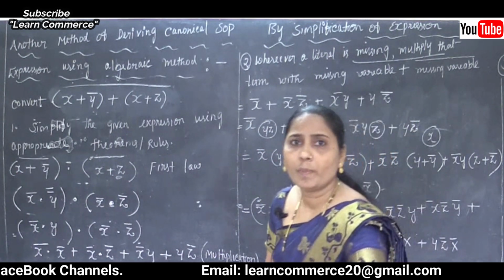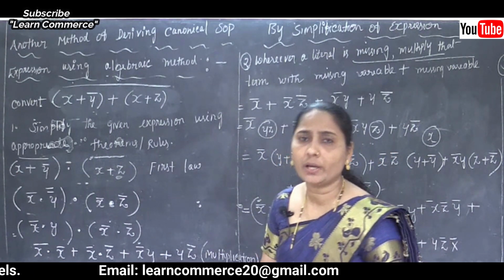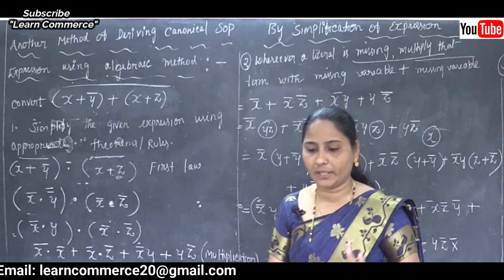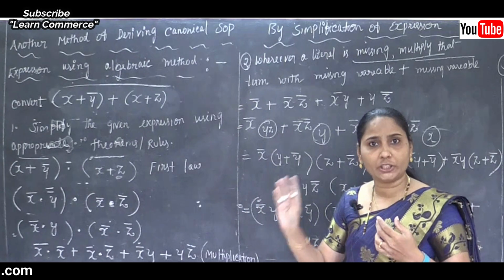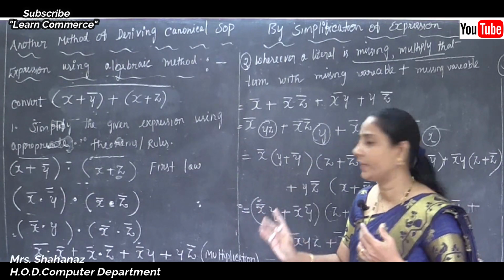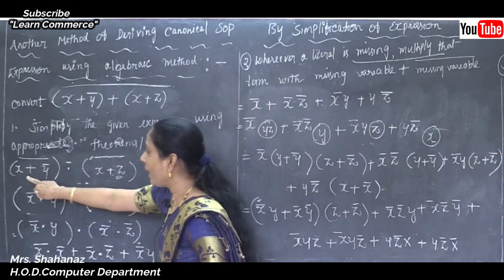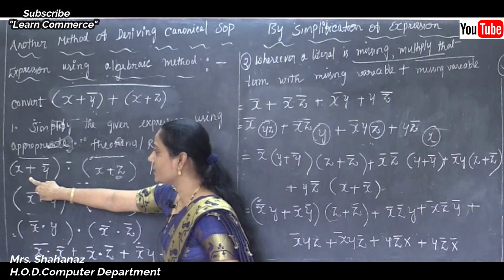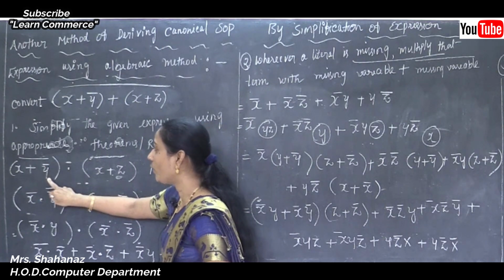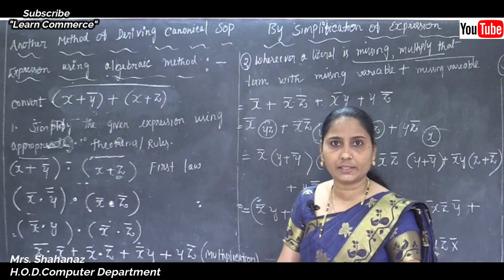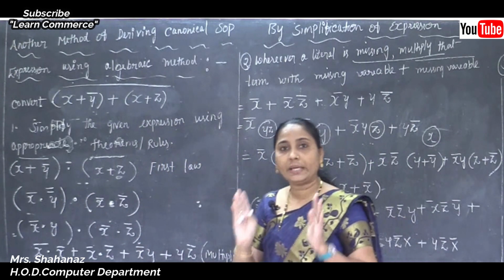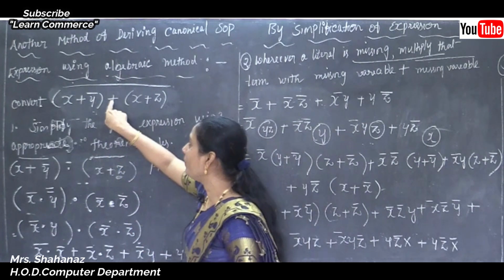For y there is double complementation, for x just one complementation, this is the entire complementation to the function. So I am using opening of the parenthesis x plus complement of y, and next complement the entire function.